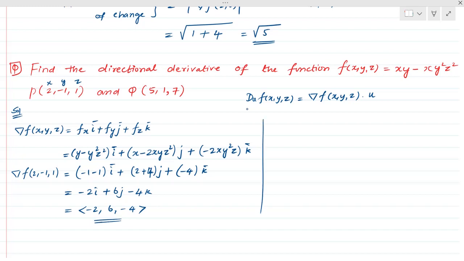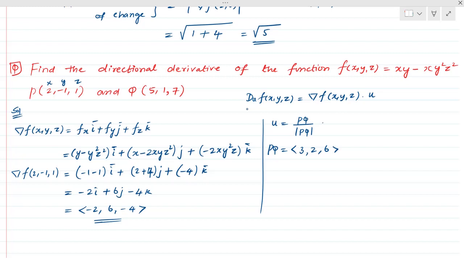Now I have to find the direction vector. To calculate it, we find PQ. The unit vector is given by PQ over the magnitude of PQ. So first find PQ: subtract 5 minus 2, which is 3, comma 1 minus minus 1, which is 2, and 7 minus 1, which is 6.